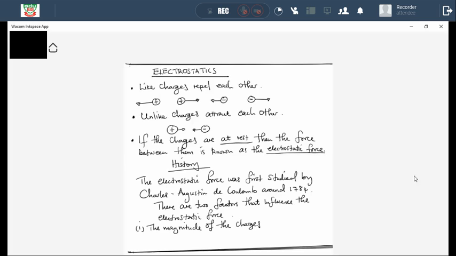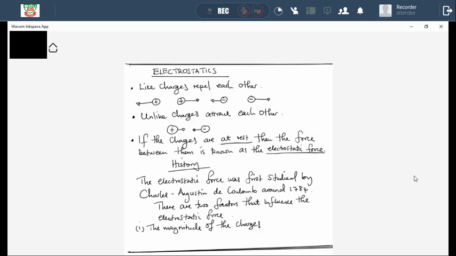So he discovered that the electrostatic force between 2-point charges is directly proportional to the product of the two charges, which means if we take the charge as our independent variable and force as our dependent variable, when we increase the magnitude of a charge, we also increase the magnitude of the force.